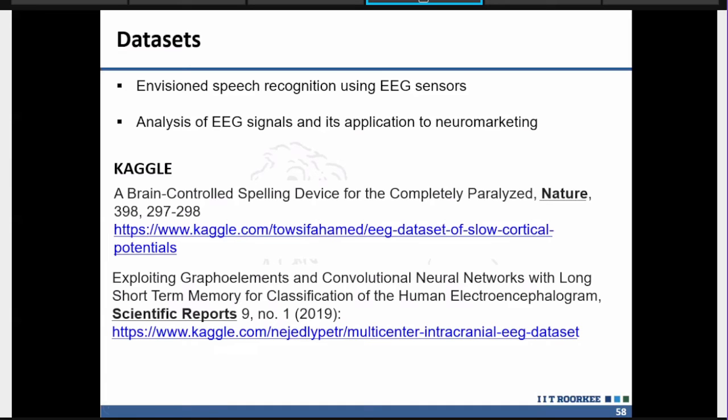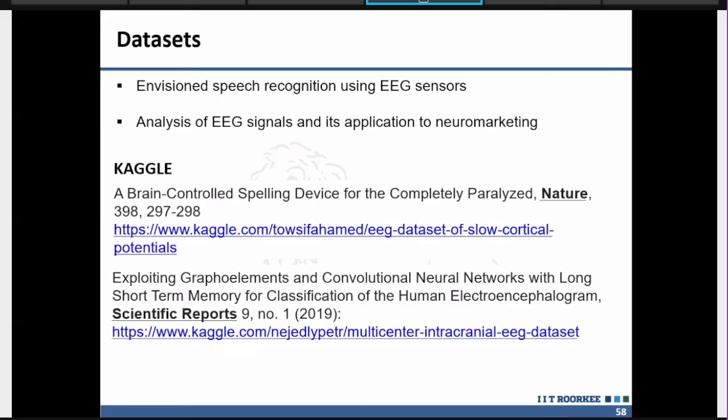Another data set we have is EEG sensor based envisioned speech. We kept 30 objects, and for each object we show it on a computer, the user visualizes it, and we collect the EEG signals. It is a 30 object data set, with lions, animals, cars, different objects.